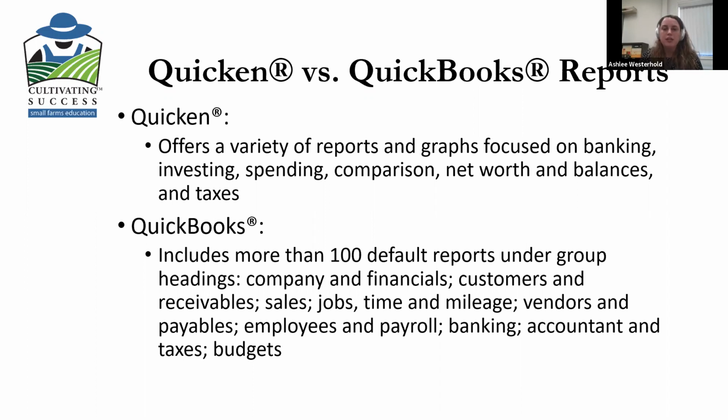So when it comes to reports, QuickBooks has an ample amount of reports that it's able to generate. But it's just knowing if you need all those reports. If you need the vast amount, then QuickBooks might be better in that situation.